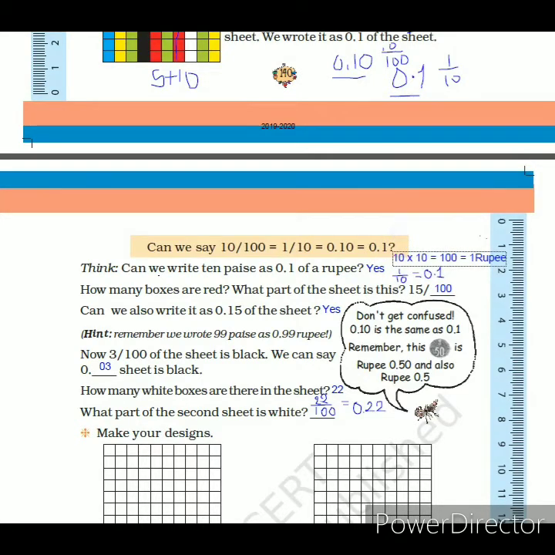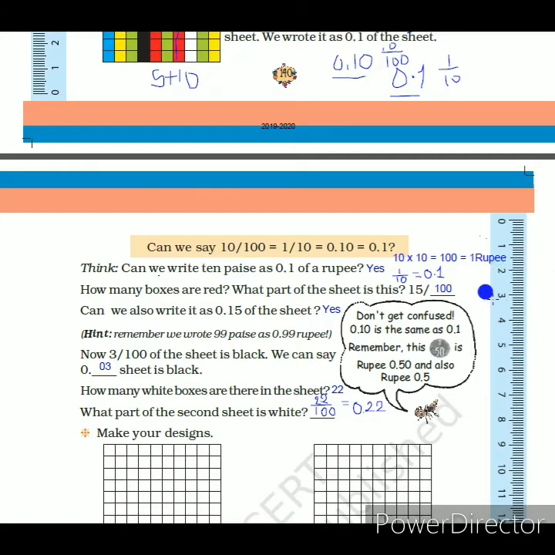Now the next question is, think, can we write 10 paise as 0.1 of a rupee? Yes, we can write it, because 1 rupee equals 100 paise. How do we get 100? 10 paise coins together form 1 rupee or 100 paise.